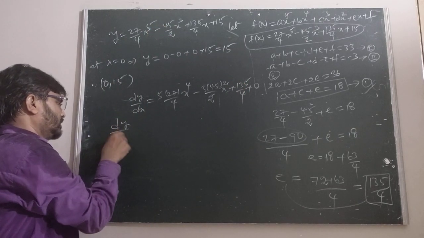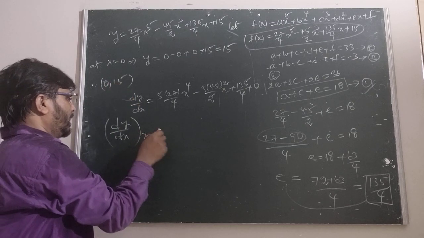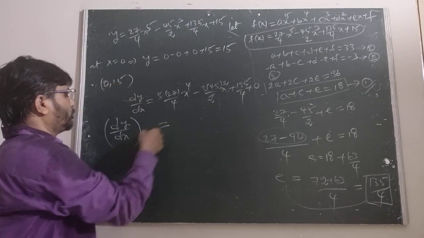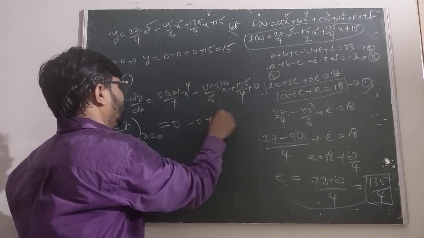Now we are getting the slope at x equal to 0 and y equal to 15. This is 0, this is 0.